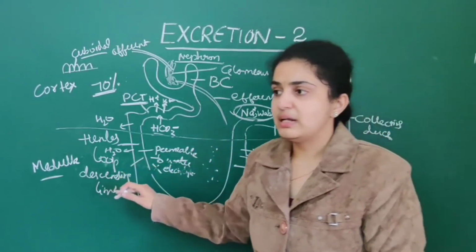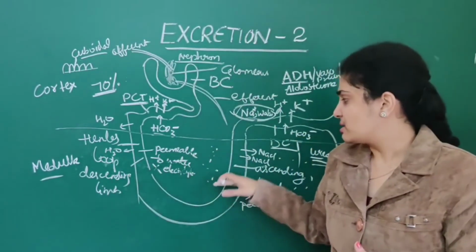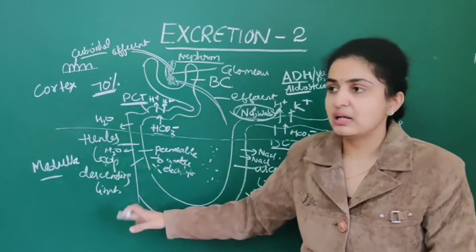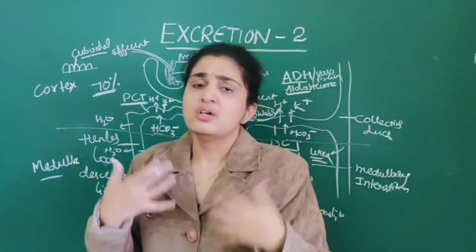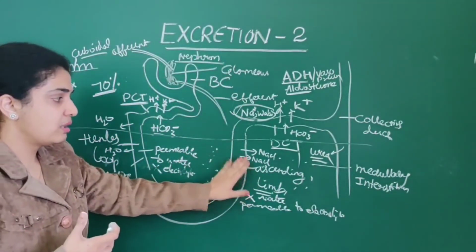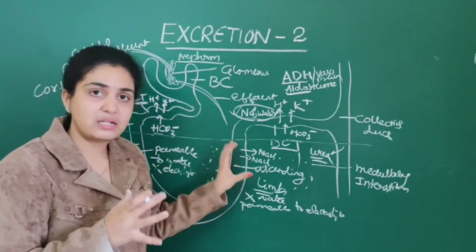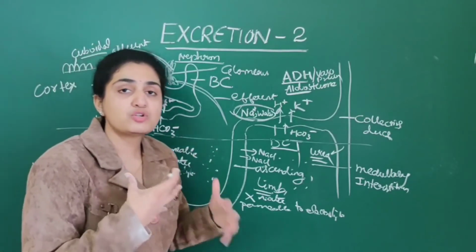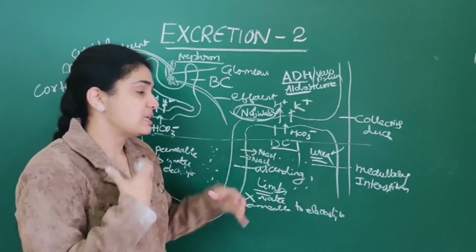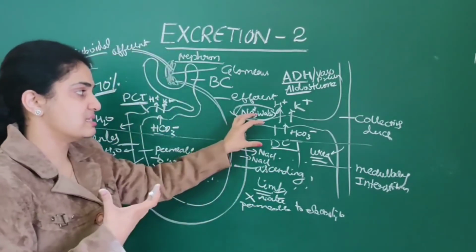In Henle's loop, the descending limb is more permeable to water, whereas it is not permeable to electrolytes. Simply remember, the descending limb is more permeable to water, so much water will come out. The ascending limb is not permeable to water, so water will be present in it, but it is permeable to electrolytes, so much of the electrolytes will come out, that is NaCl.